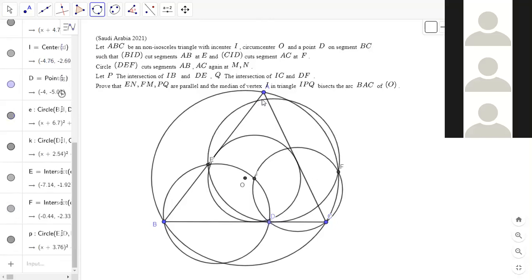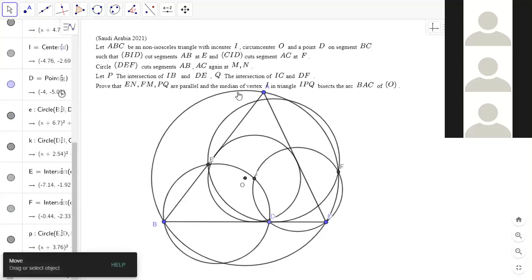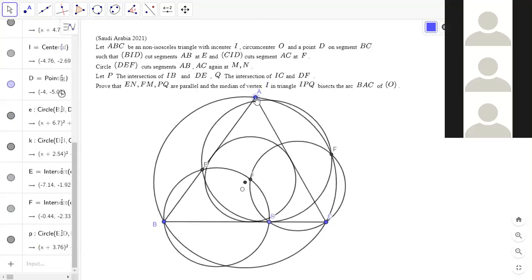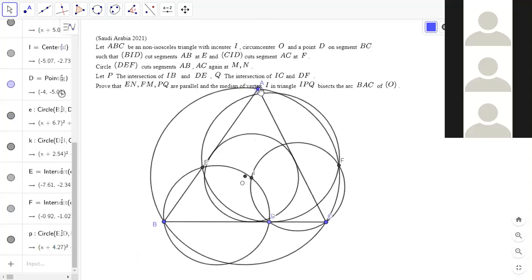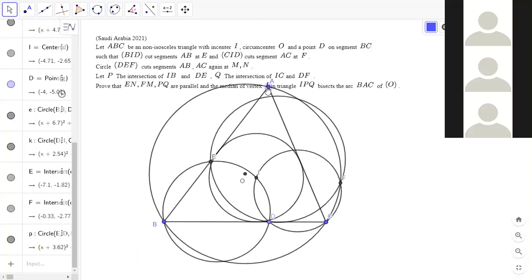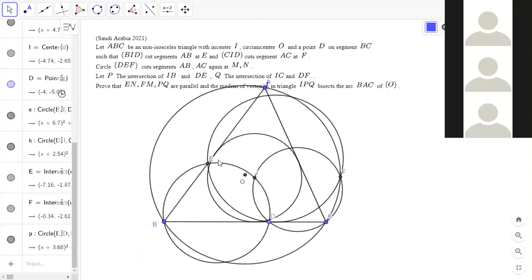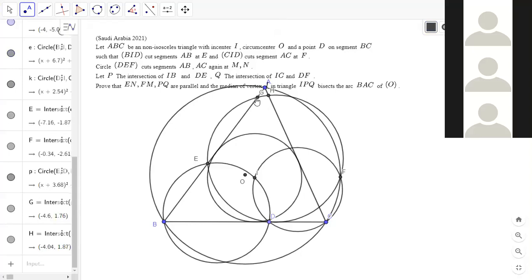Okay, so this would be M and N up here. Let me see if I can make this look a little nicer. I think it's always going to cut it kind of close. Maybe something like that. So this is M and this is N. Let me close this.